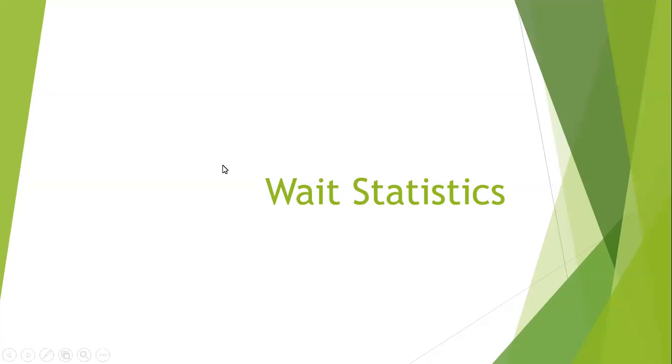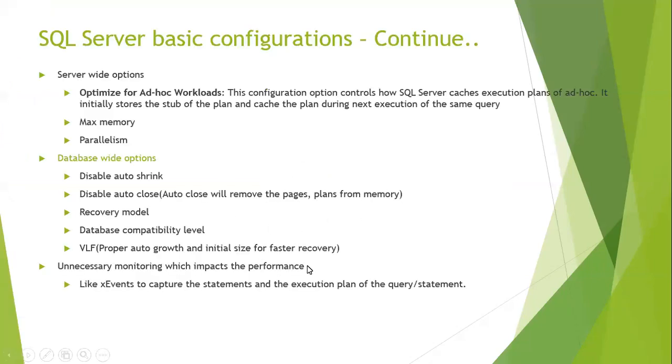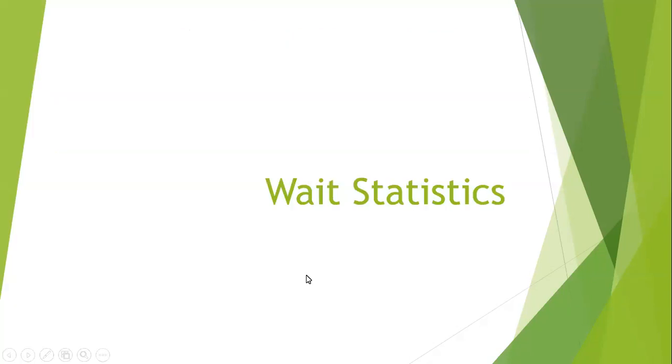Cool. So we were discussing the baseline and the configuration stuff, right? Whenever we work on any performance issue, we should have some baseline. Anything you can consider, like CPU utilization, a high CPU issue. Even if it is a high CPU utilization issue, we'll have to understand the baseline of the CPU spike.